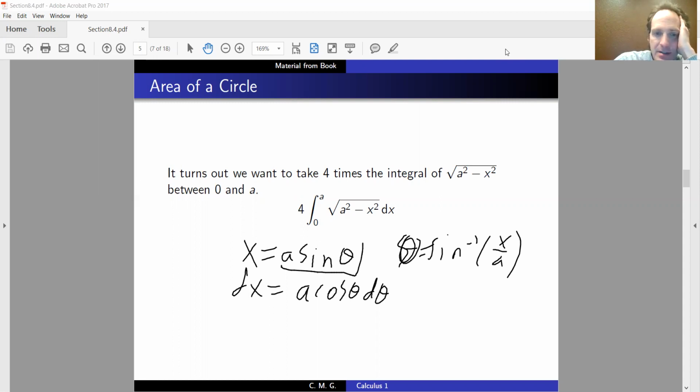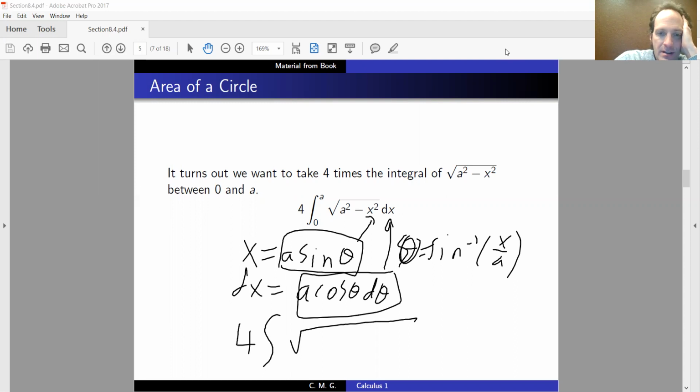The nice thing with this substitution is it directly just plugs everything in to my equation here. So what I get is this whole thing is just 4 times the integral of the square root of a squared minus a squared sine squared theta. So I square x.